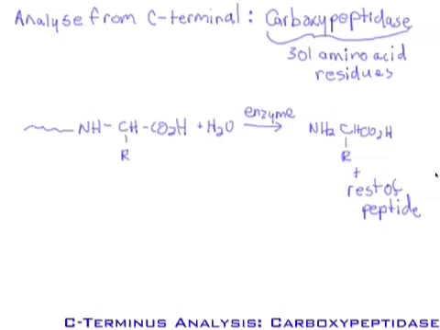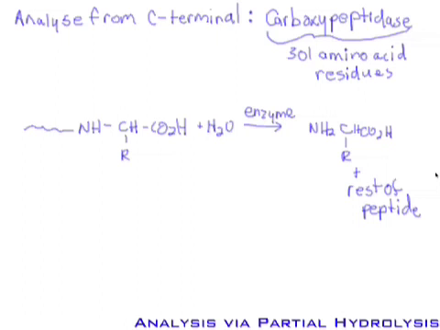All right, fine. So we can get 3 or 4 amino acid residues from the C-terminus. We can get up to 50 residues from the N-terminus. In the C-terminus, we use carboxypeptidase. In the N-terminus, we use the Edman degradation.